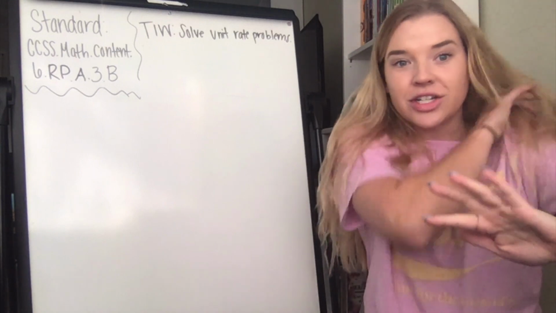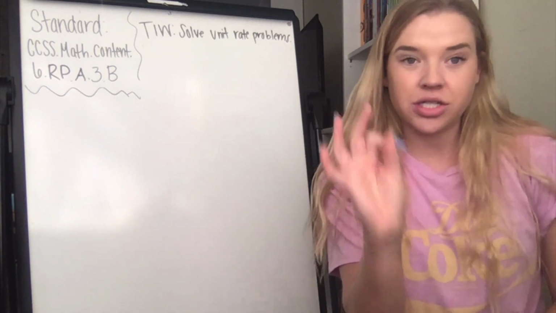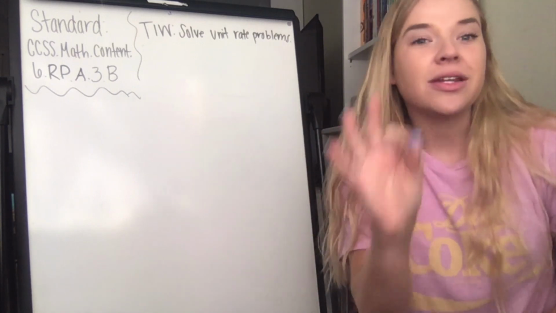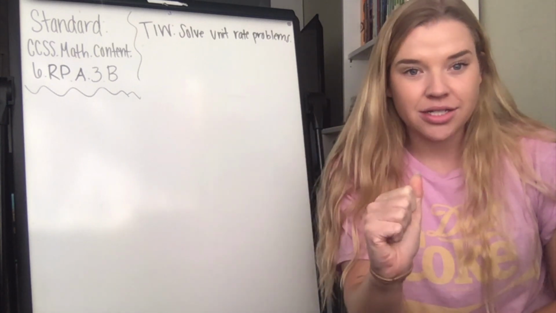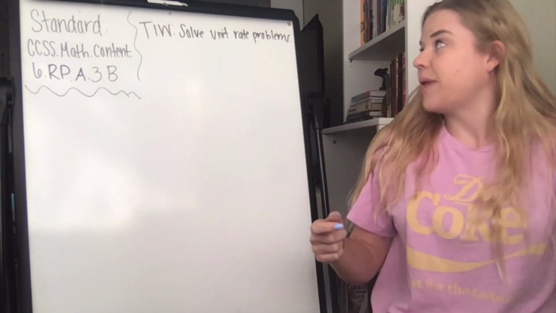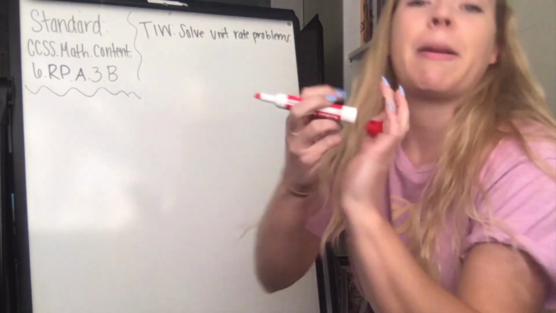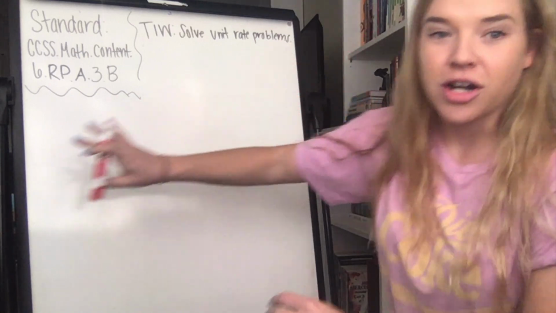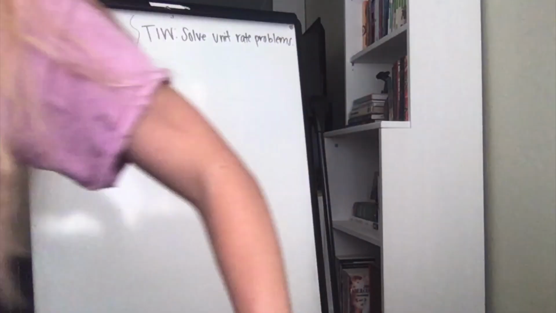But I need to go over a few keywords here before we go into this, because these are some words that you need to know what value they represent. I'll write them over here because I don't use this space as much.